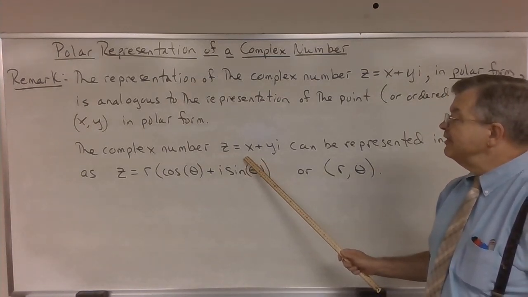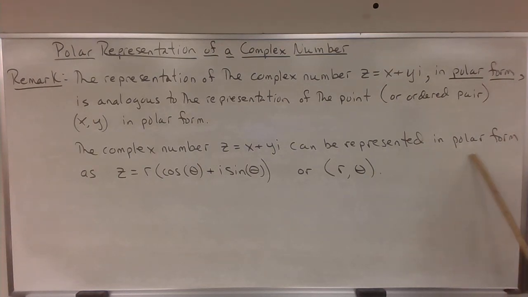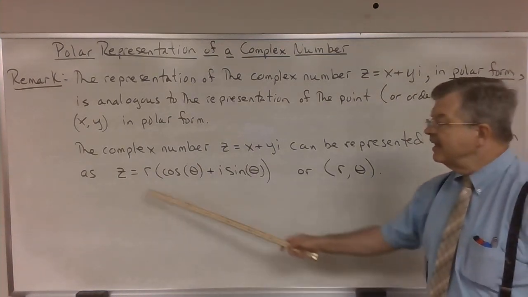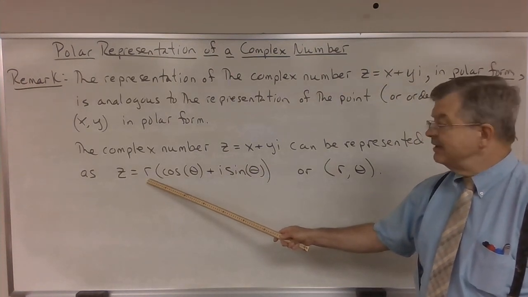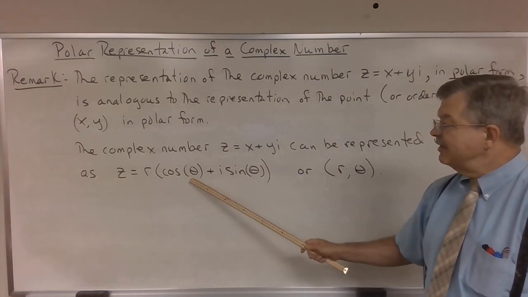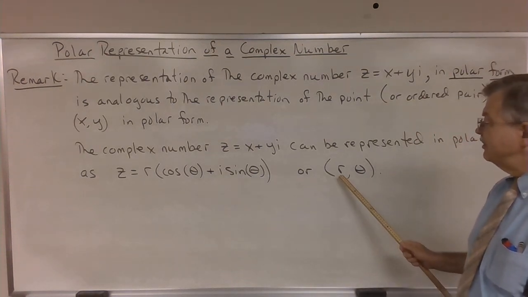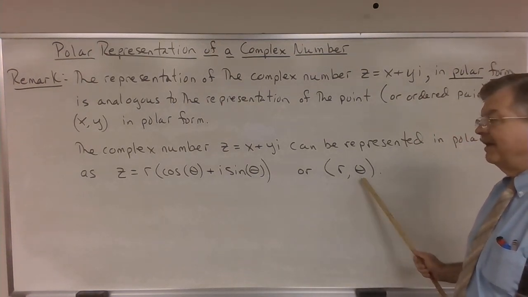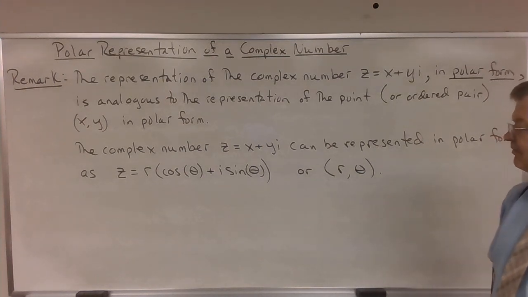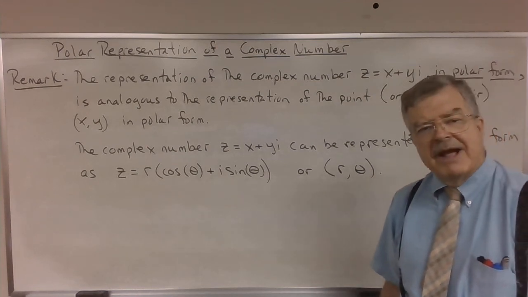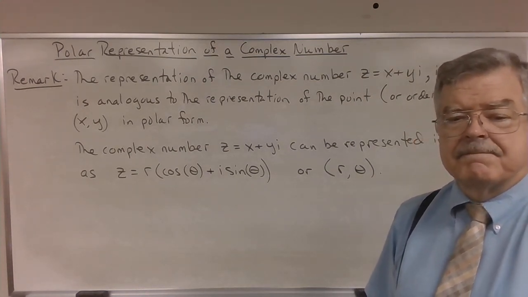The complex number z equals x plus yi can be represented in polar form as z equals r, a magnitude, times cosine theta plus i sine theta, or just r and theta. And we'll get to the actual graphic depiction of that point in a second.